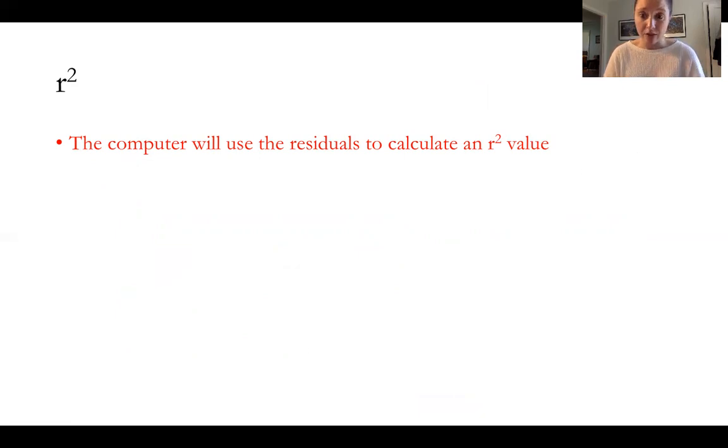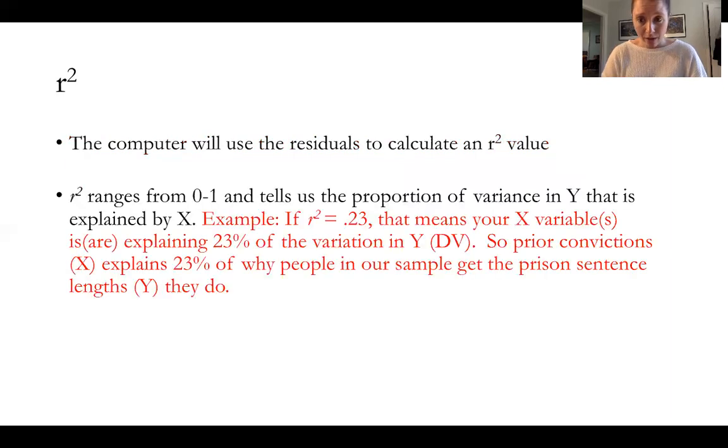And I'm going to have you guys interpret this in your homeworks. So an R-squared value, this is where people get a little confused. An R-squared value is a number that's going to range from 0 to 1. It's a proportion. It's going to tell us the proportion of the variance in our dependent variable y that is explained by x.